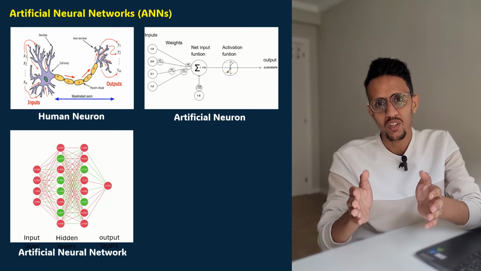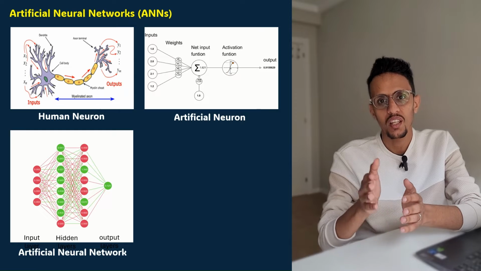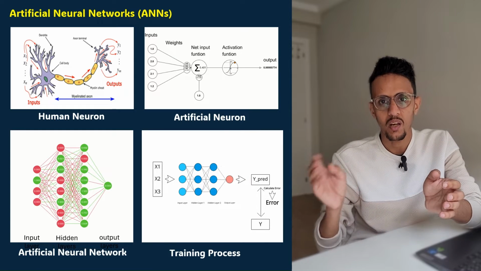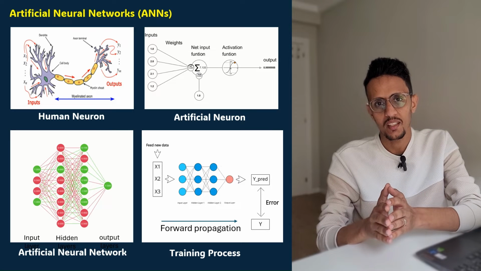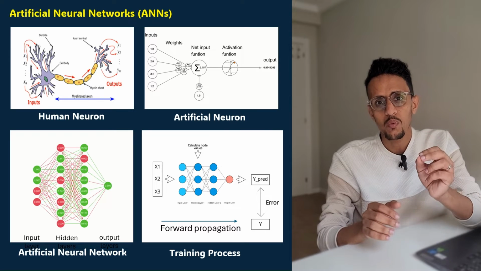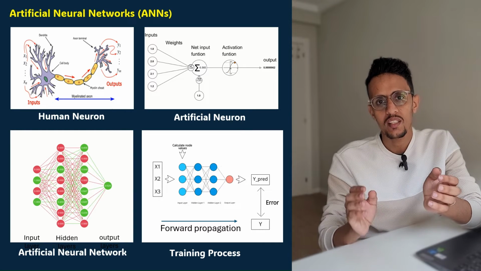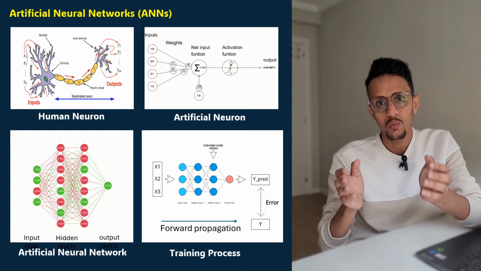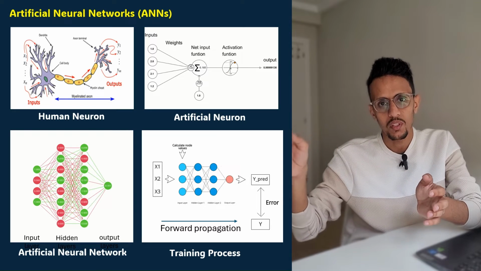Now, since we have a network and we have defined how many neurons and how many layers, it's time to train the network. That is to give inputs and outputs. During the training process, there are two processes taking place. The first one is called forward propagation. In forward propagation, all the weights and biases on the neurons will be initiated randomly, and then the output will be computed.